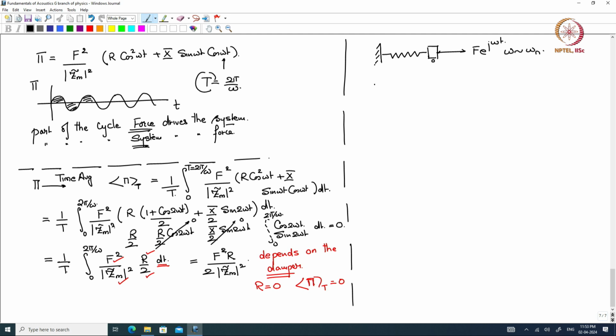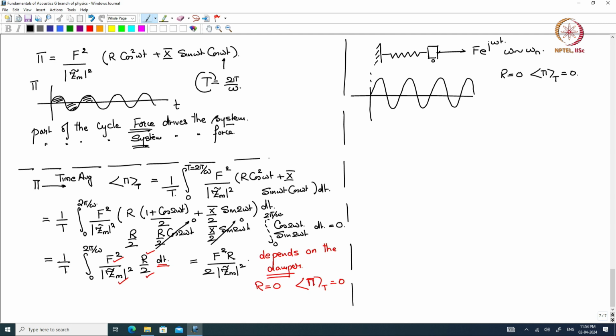So what I will have is high amplitudes of response. And yet, because the damper value is 0, the time averaged power is 0.